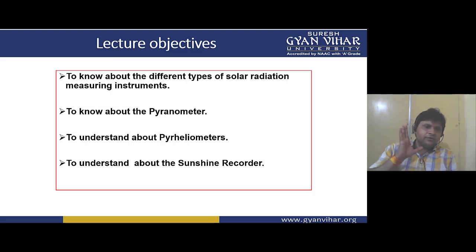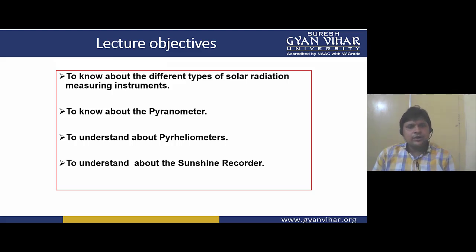The first objective is to know about the different types of solar radiation measuring instruments. We will first see the names of the instruments used to measure solar radiation, and then discuss each of them one by one. The first one will be the pyranometer, so our second objective is to know about the pyranometer.